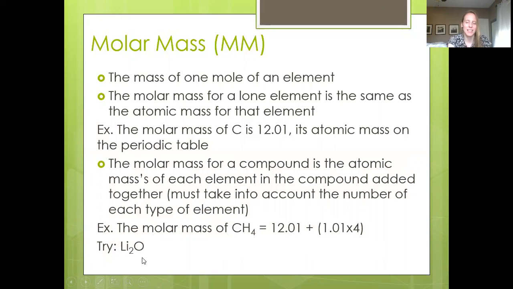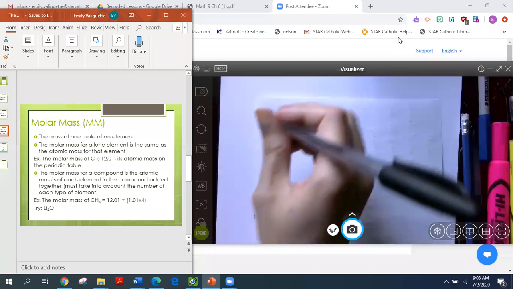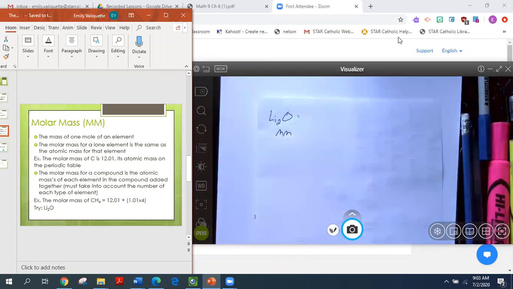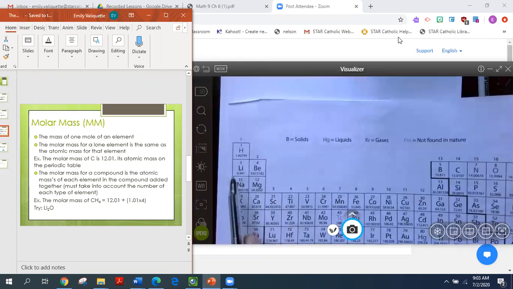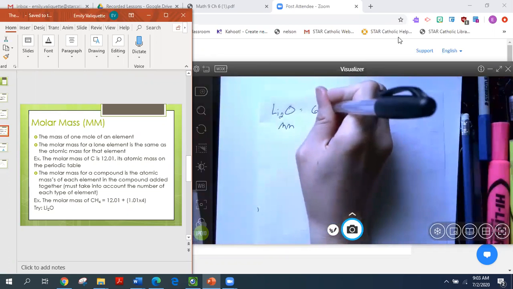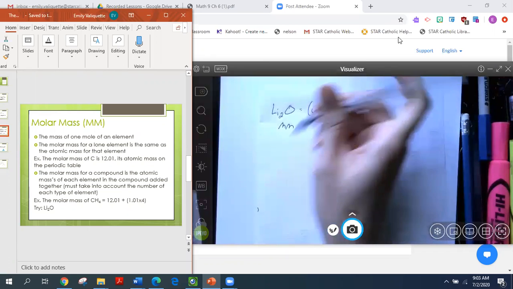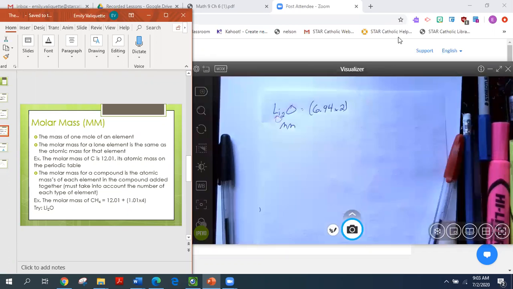So let's try lithium oxide. For lithium oxide's molar mass, we're going to start by finding the atomic mass of lithium on our periodic table. That's just the number at the bottom here, so 6.941. You can certainly round that to 2 decimal places. And then we do need to multiply that by 2 because we have 2 lithium.